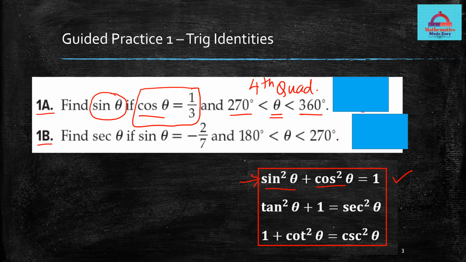Moving on, we'll be solving question 1b, where you need to find the value of secant theta, and you're already given the value of sine theta. So definitely for this one again, we are going to use Pythagorean, and to get to secant, we will use the fact that secant is the reciprocal of cos.